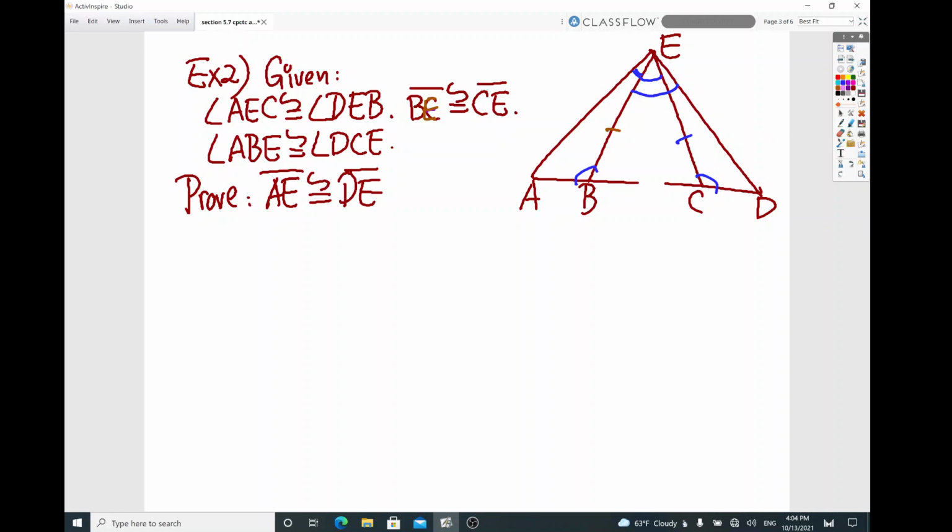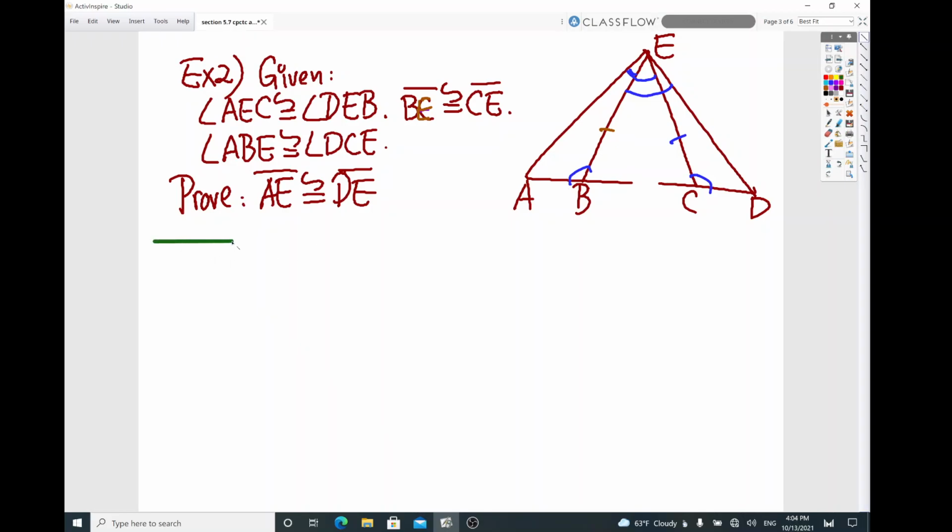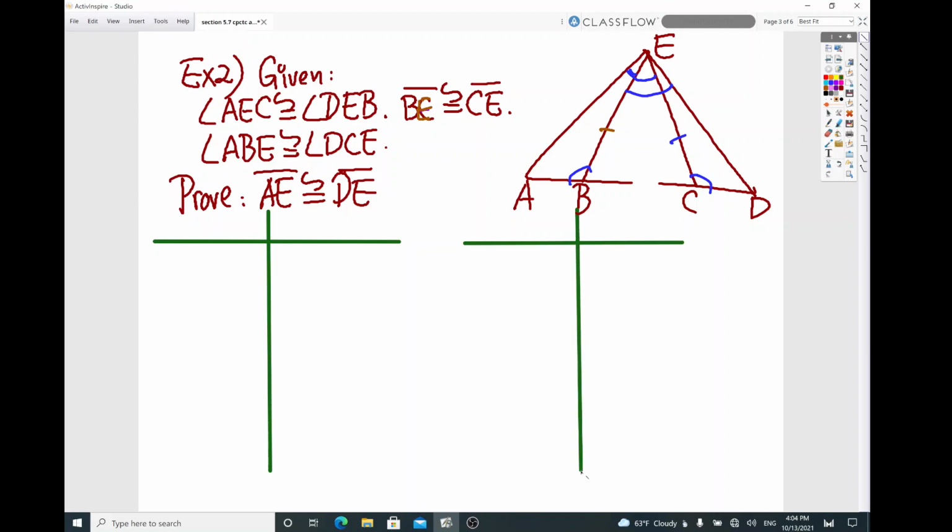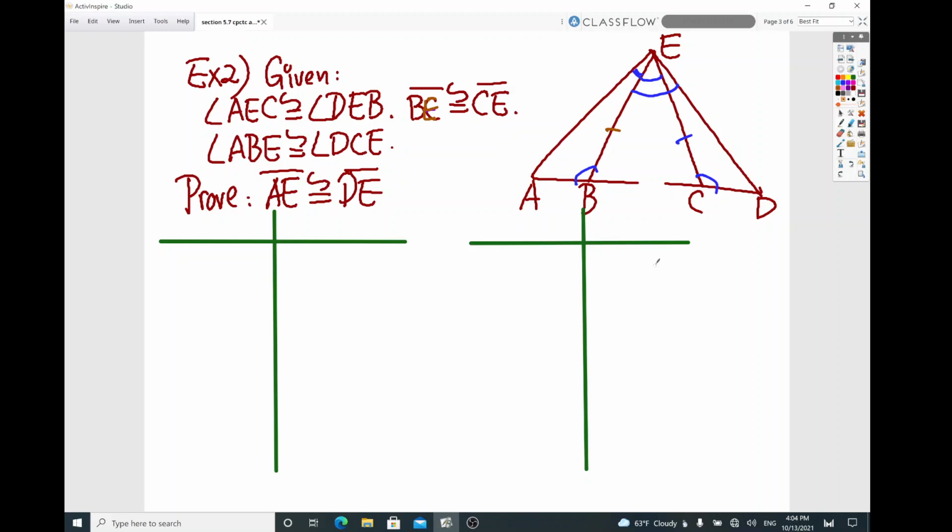Now the two-column proof, statements and reasons. Somewhere along the way we're going to be using CPCTC. So I just want to set up the T-table, and I need the continuation in case I need more space. Statements and reasons.